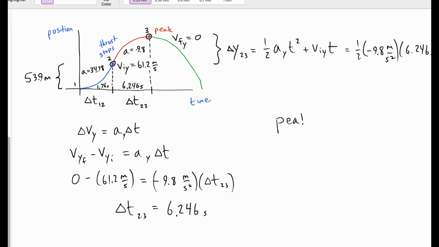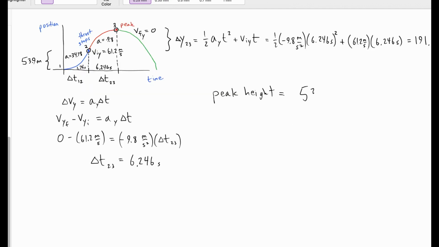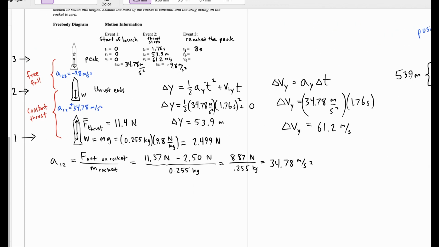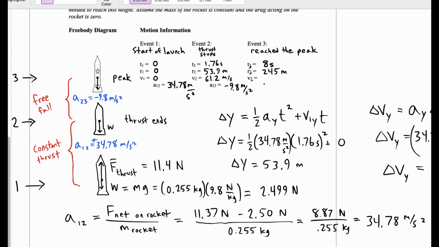So peak height, 53.9 meters plus 191 meters. That's 0.1. Yep, takes us to 245 meters total. All right. And final velocity, of course, just 0 at the peak.